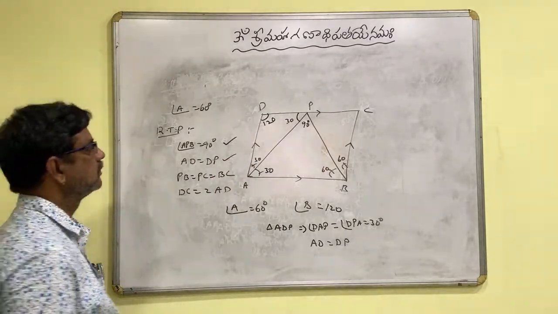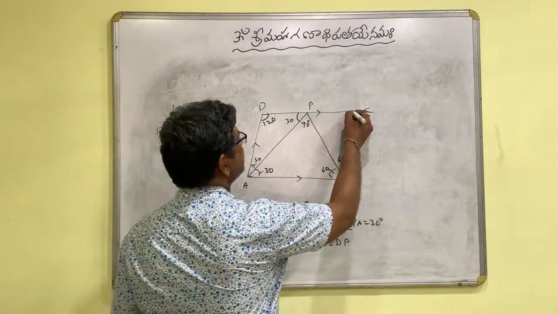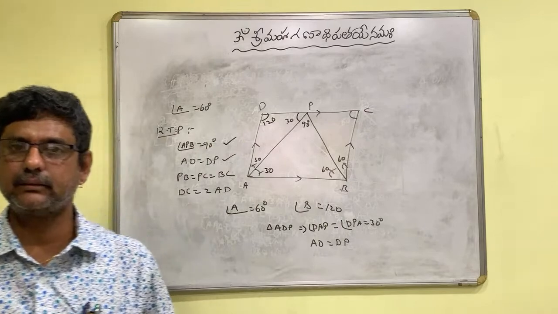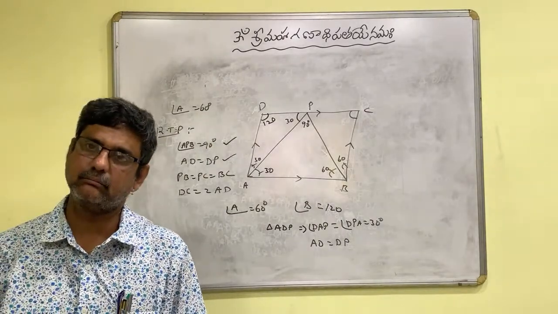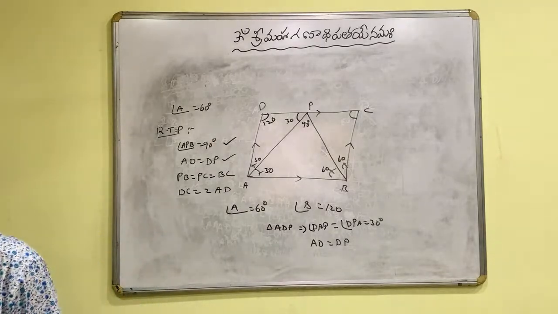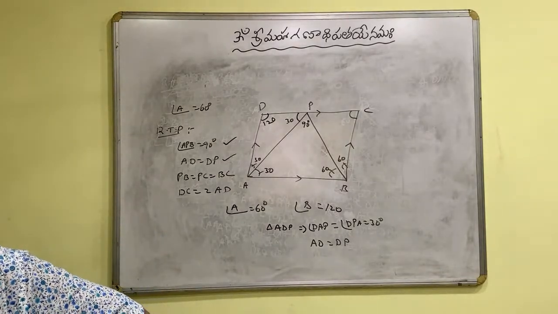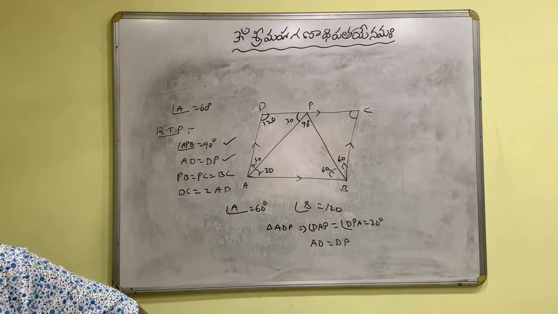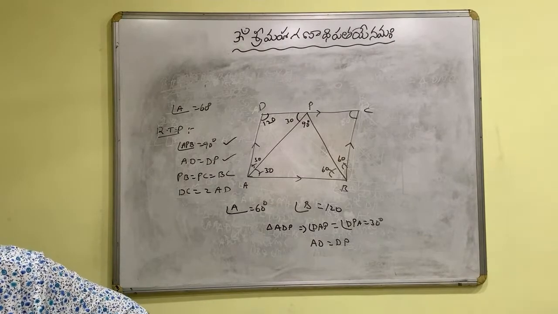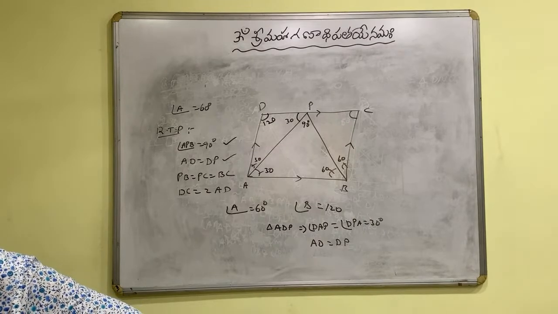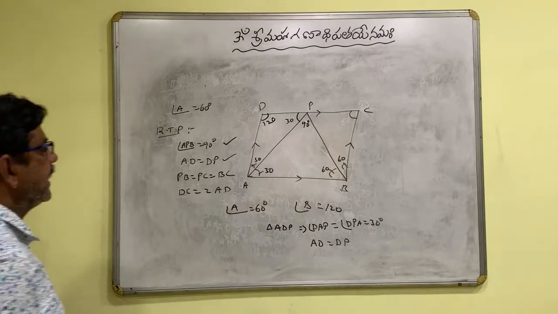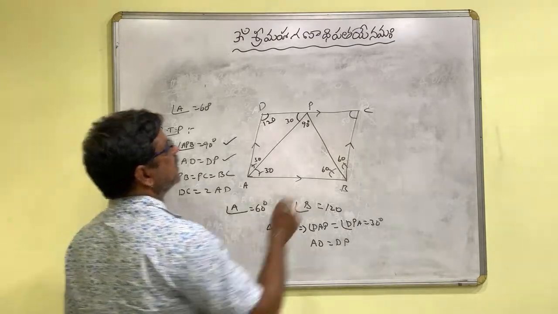Now, can anyone say what is angle C? What is angle C, children? 60 degrees. Yes, 60 degrees, because angle A is 60, angle C is also 60.